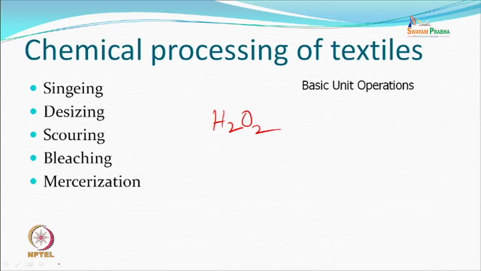So when we talk about unit operations, every fiber will have a different unit operation. It's not that one single thing is going to work for everyone. And then of course, dyeing, which is the most interesting unit operation, which adds a lot of value. Most of the people sitting here, or whom you meet, there will be very few who wear only white, right?